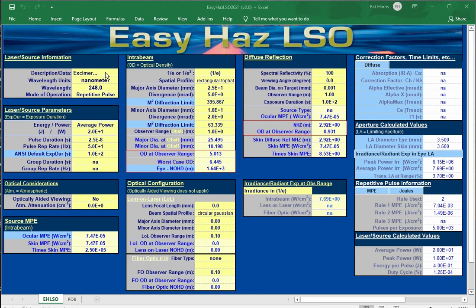All right, so our first look at this is going to be 248 nanometers. This is a pretty nice wavelength to use if we're processing materials, say cutting non-metal materials.